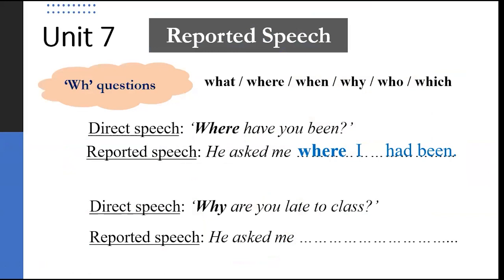We also took in Unit 7 reported speech, and we took two kinds of reported speech. We took WH questions, اللي هي الأسئلة تبدأ ب what, where, when, why, who, and which. When you get a question in the exam, a direct speech sentence or question that says, where have you been?